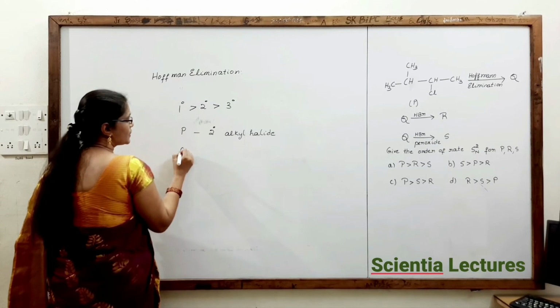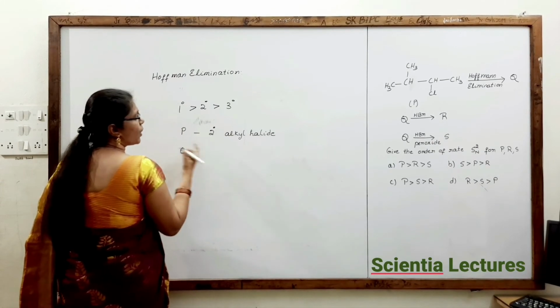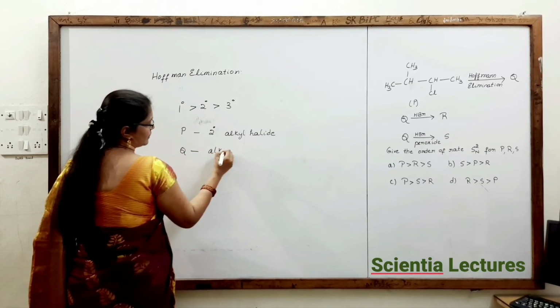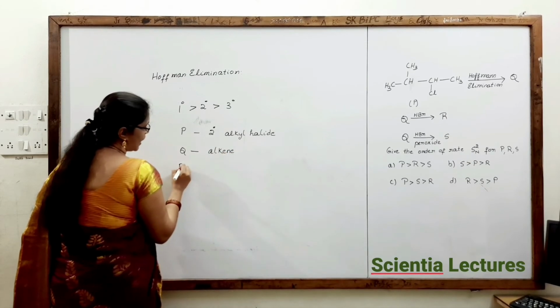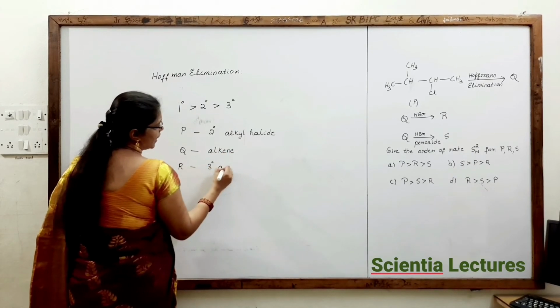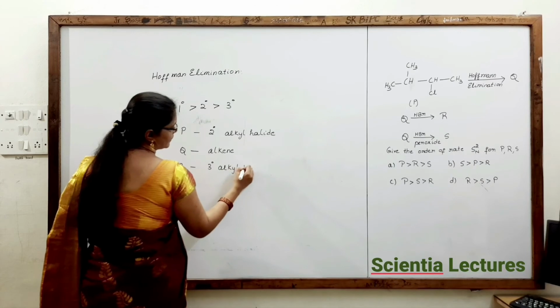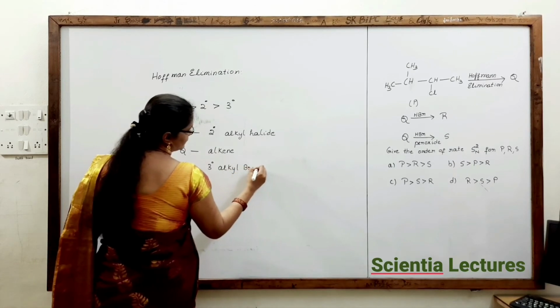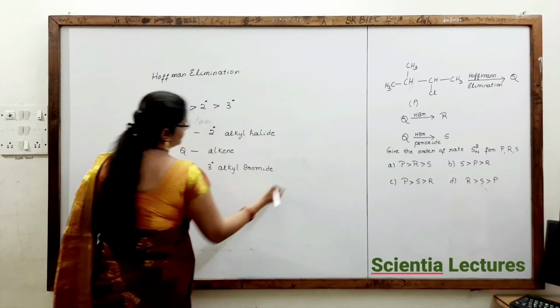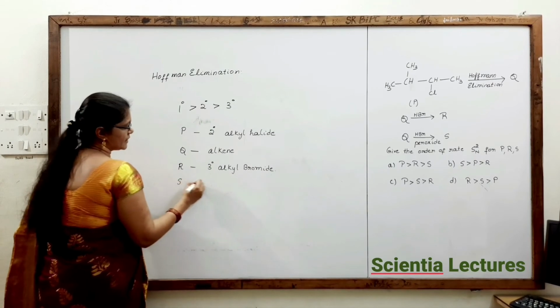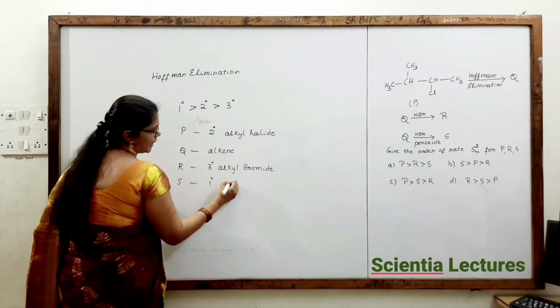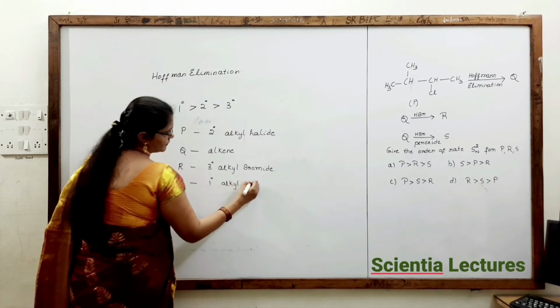Now, what is Q? We got alkene. What is R? Tertiary alkyl bromide. What is S? Primary alkyl bromide.